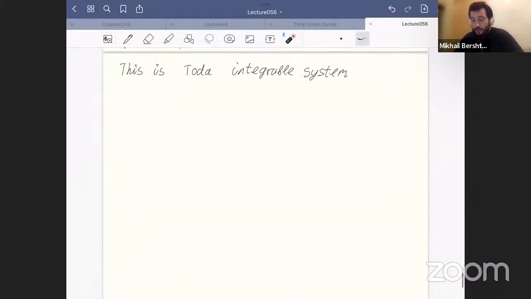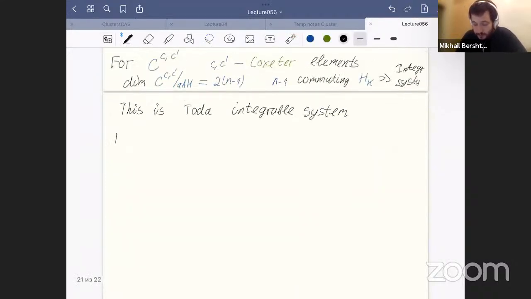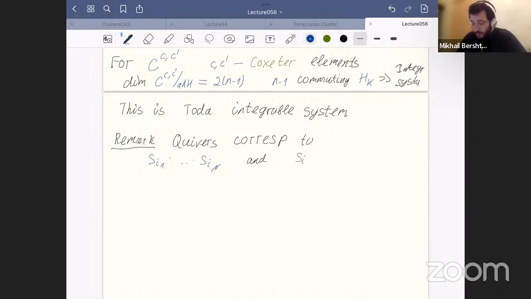Maybe the last remark: quivers corresponding to one reduced decomposition s_{i1}, ..., s_{iN}, and another reduced decomposition which differs by moving s_{i1} by conjugation, so s_{i2}, ..., s_{iN}, and then s_{i1}, such quivers coincide.